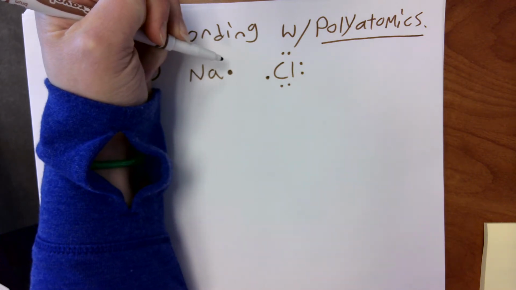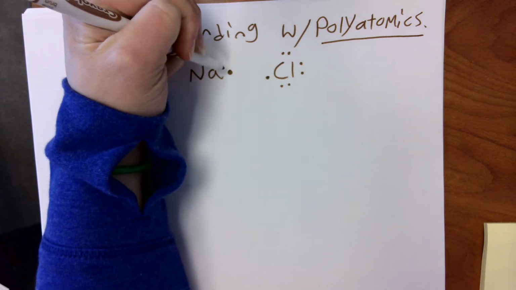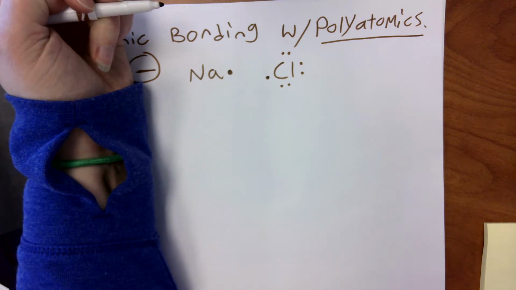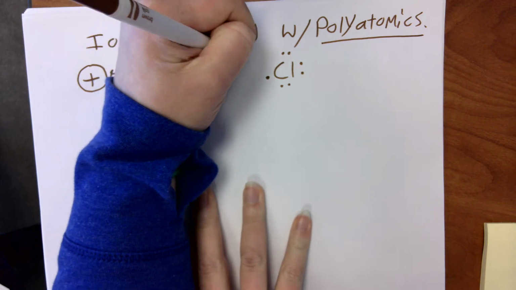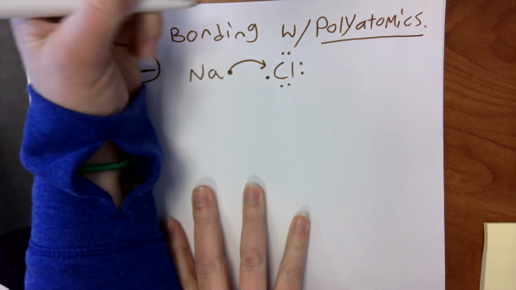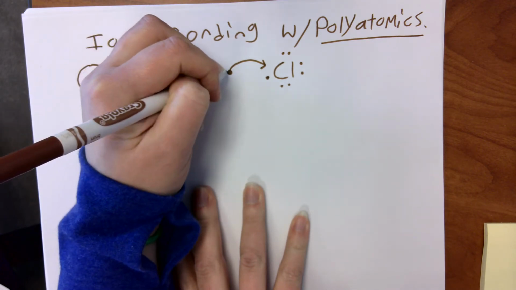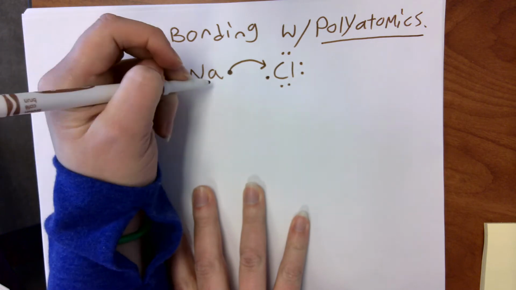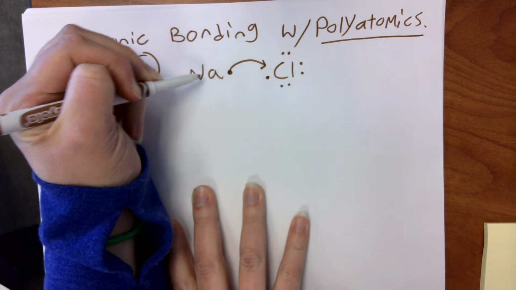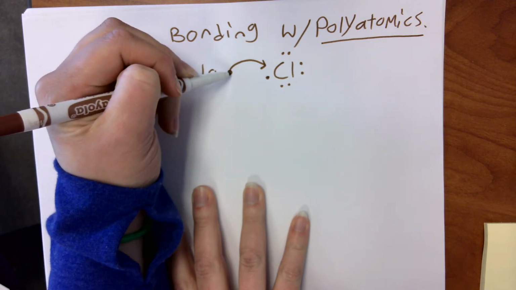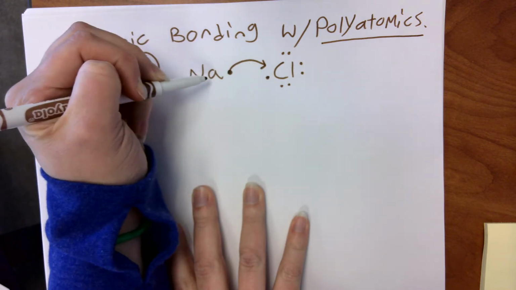Remember, sodium has an energy level below this, so if it got rid of the one there, it would still be happy. Basic ionic bonding is where an element with very few valence electrons gives them away to an element with a lot of valence electrons, because this one doesn't want so many and this one just wants to fill up what it needs.